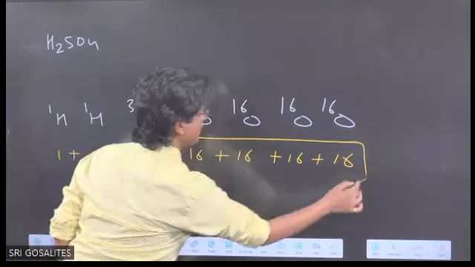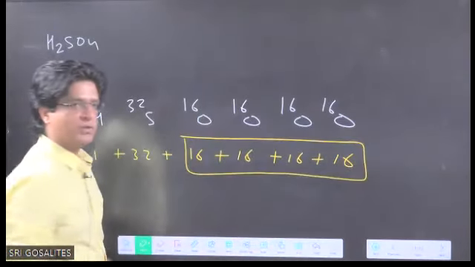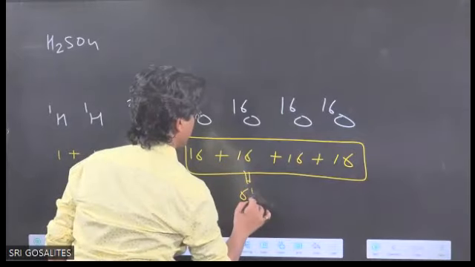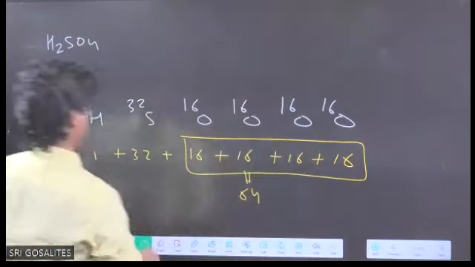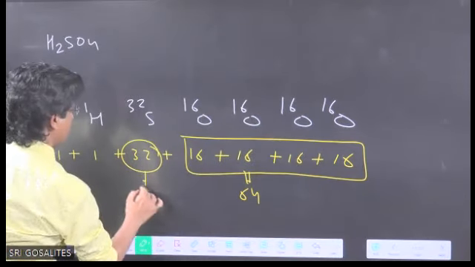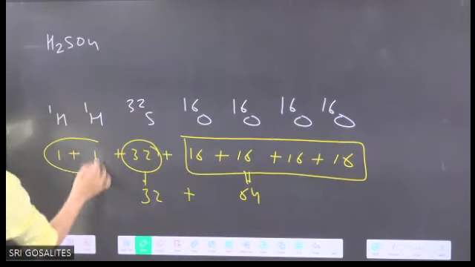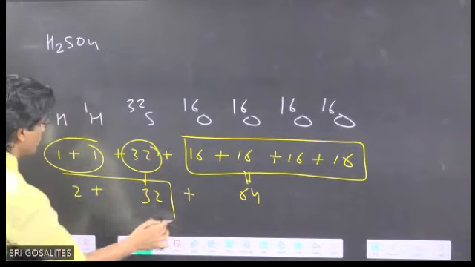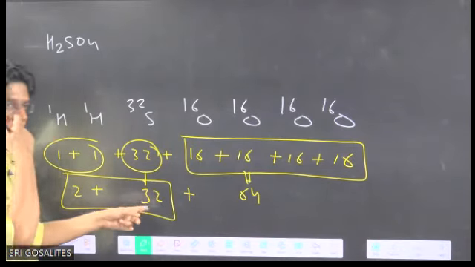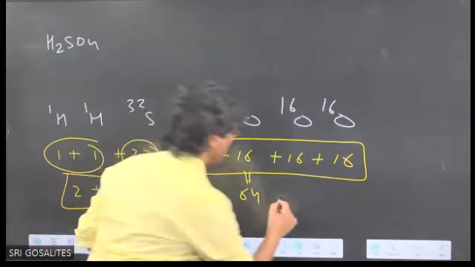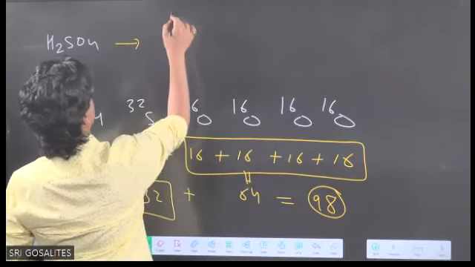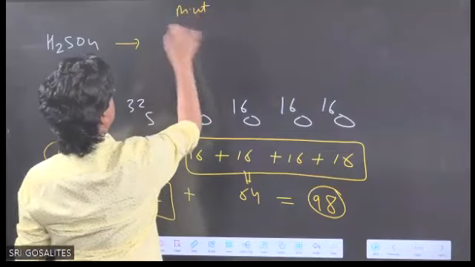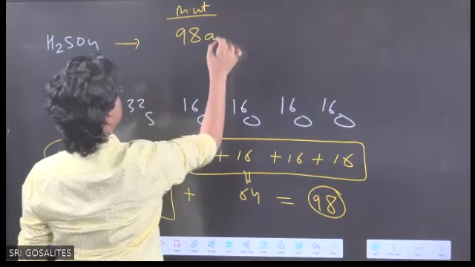See, 16 how many times? 4 times. So 16 times 4 is 64. I told you, you should be learning the tables. Learn the tables. 64. 2 plus 32 is 34. 34 plus 64 will be 98. So the molecular weight, boys, will be 98 AMU.